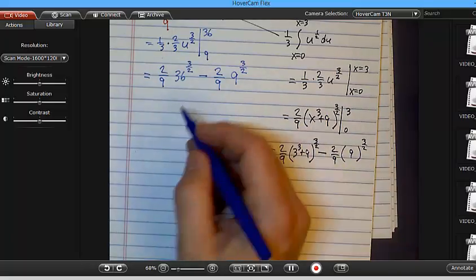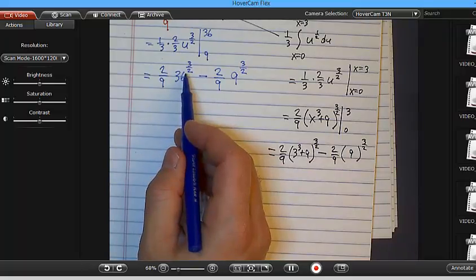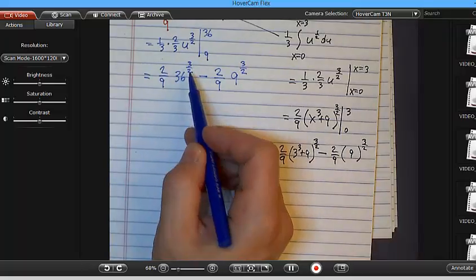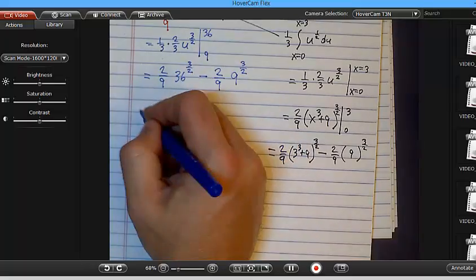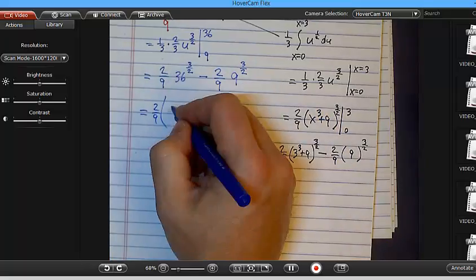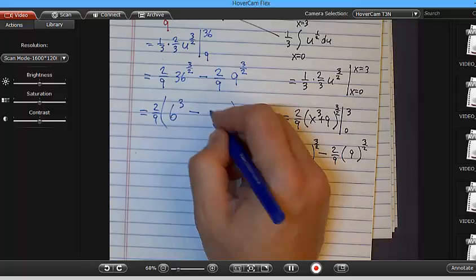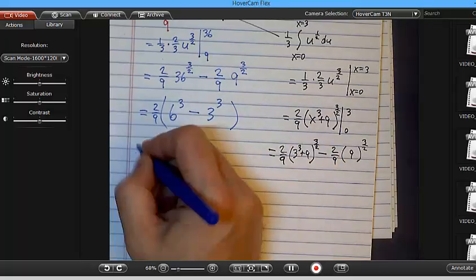Let's see. So, how do you take 36 to the 3/2 power? Well, take the root first. Square root, right? So this is 2/9. Here, I'll factor out the 2/9. What I have is 6 cubed minus, and then the square root of 9 is 3, 3 cubed.